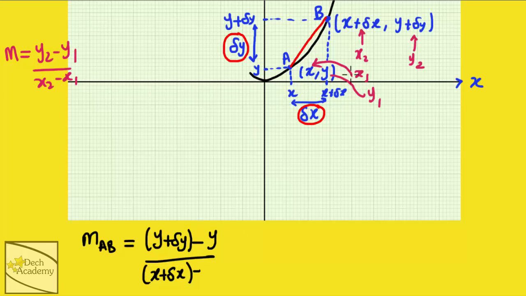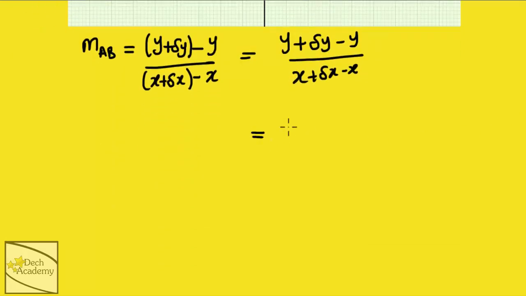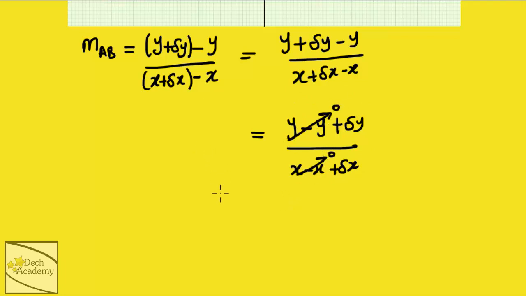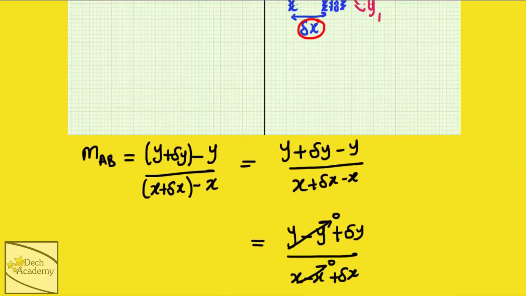This gives y plus delta y minus y divided by x plus delta x minus x, and that's equal to, well, y plus delta y minus y, same thing as y minus y plus delta y, divided by x minus x plus delta x. So I just grouped like terms. Y minus y is 0, x minus x is 0. So essentially what we have here is that the gradient of the line AB is equal to delta y divided by delta x. So the change in y divided by the change in x.